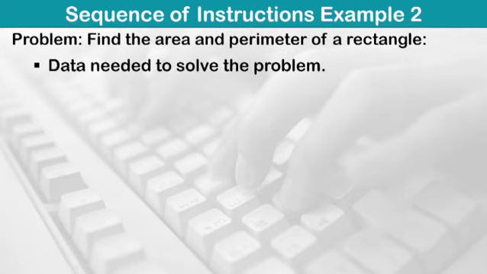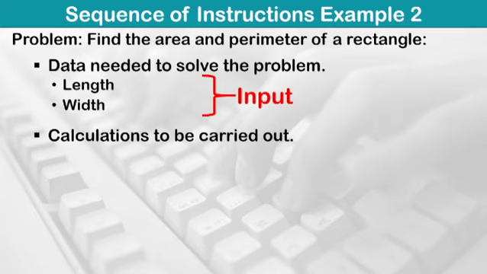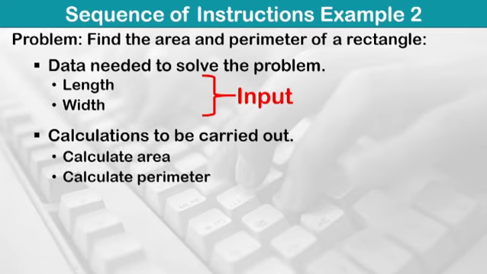Data we will need to solve the problem are the length and the width of the rectangle. These two will constitute the input stage. Calculations to be carried out are first the area and secondly the perimeter.